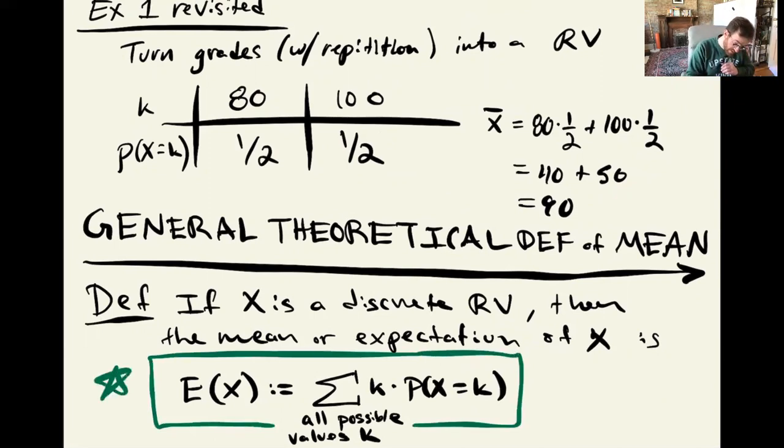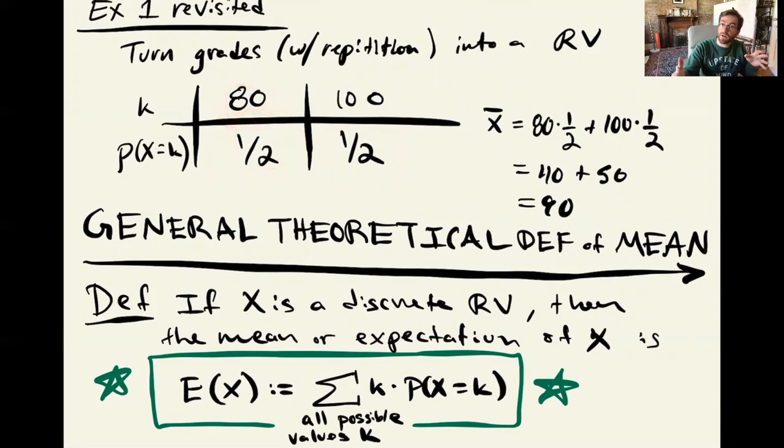So this is super important. What's nice about this is, as long as you have a formula for your probability mass function, those are the entries stored in this table right here, for example, then I can just take the value, the outcome, and multiply it by the probability of that outcome.